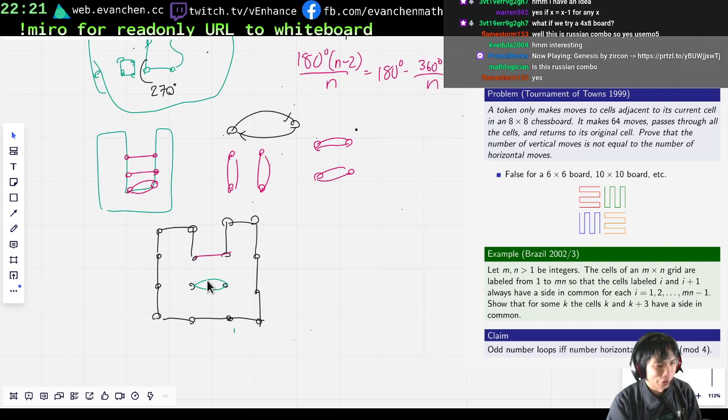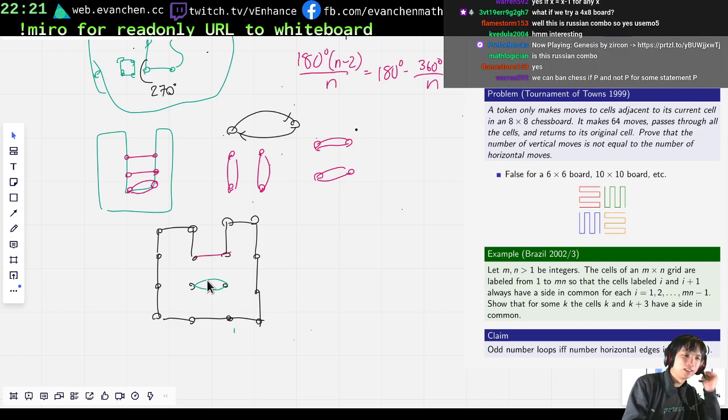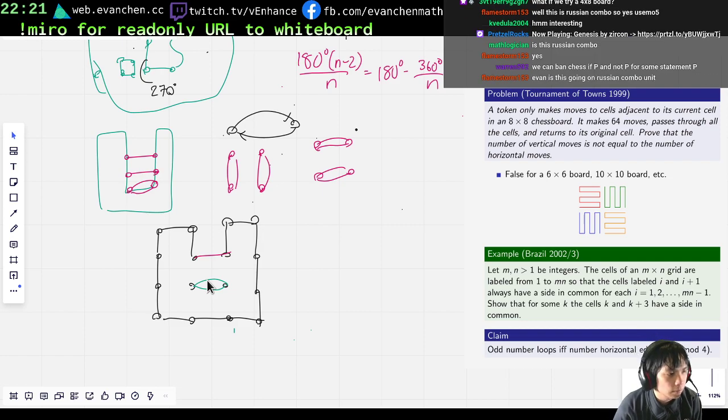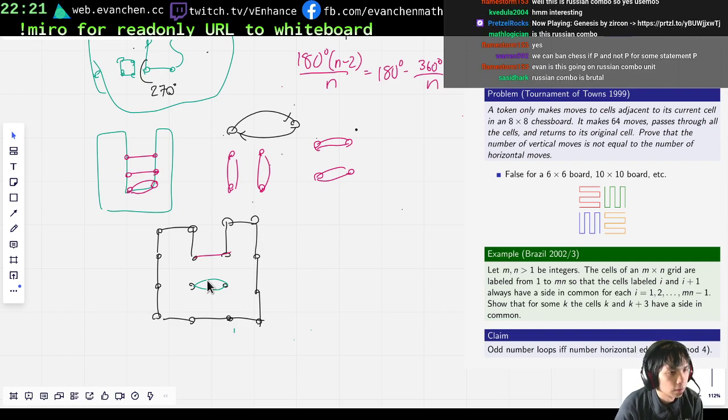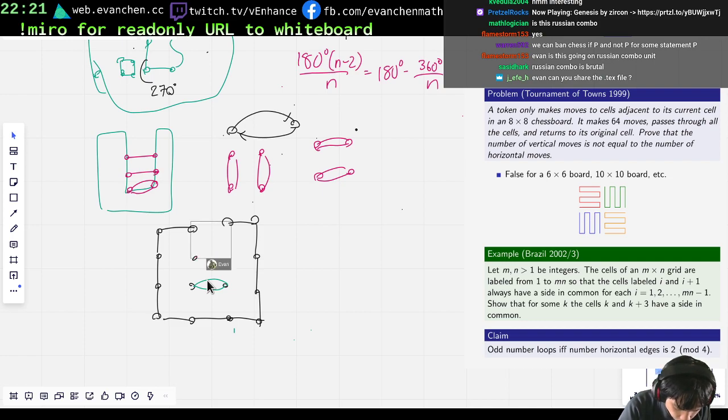But I'm drawing it as two green edges because I really think that the claim is true more generally. So the idea is I want to do it again. And when I do it again, I'll end up with like a square.